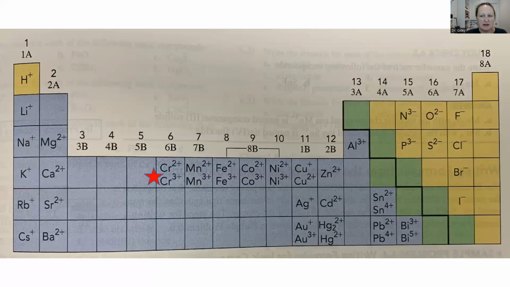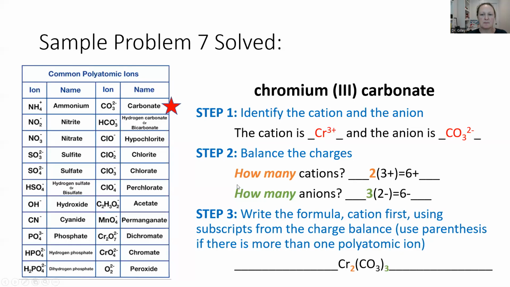Okay, so again, we'll take a look at this chart here and see that chromium, the formula is capital C little r. And we know that it can form 2+ ions or 3+ ions, but it said chromium 3, so we know we're dealing with chromium 3+. So we'll go ahead and write in here that the cation is chromium 3+, and the anion, carbonate, is CO3 2-.